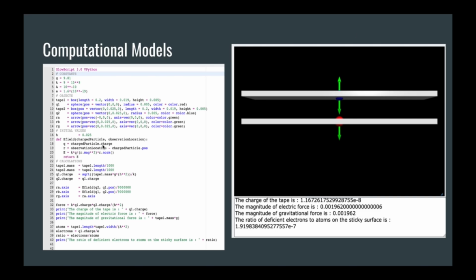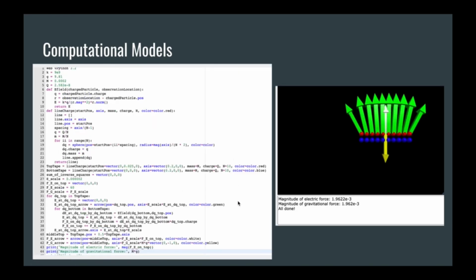Q is calculated through the square root of tape 1's mass times the force of gravity times the separation distance squared, all over our constant K. The model returns a diagram showing the gravitational force and the electric force present on charge B, as well as a value for the ratio of deficient electrons to the atoms present on the surface, which is found through the number of electrons divided by the number of atoms present, as previously mentioned.